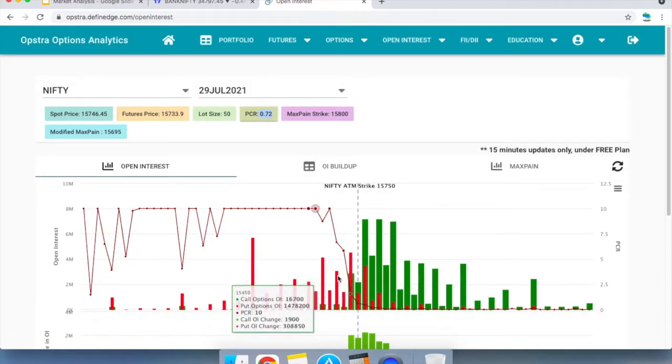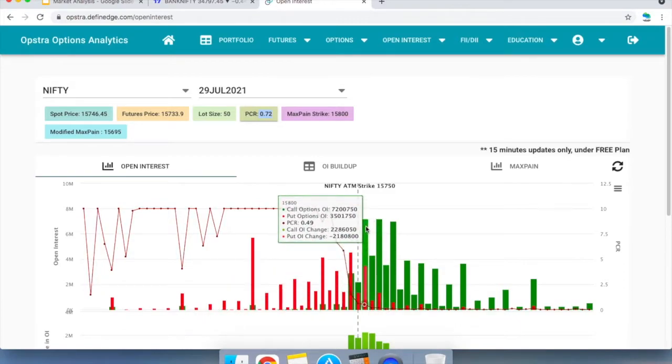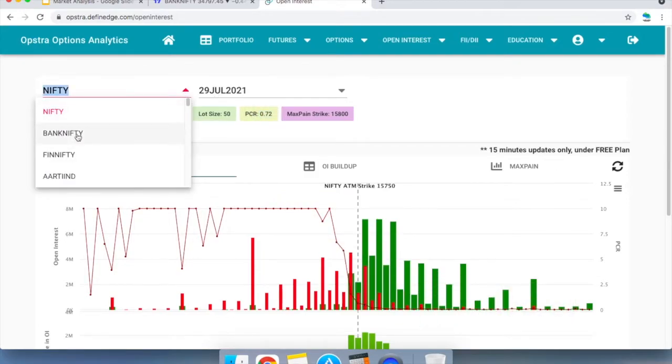So the highest support zones are seen at 15,700 and then 15,500, but the highest put writing is still at 15,000, which is quite far away, right? The highest call writing is at 15,800, right? So that is the action that the open interest is showing today.